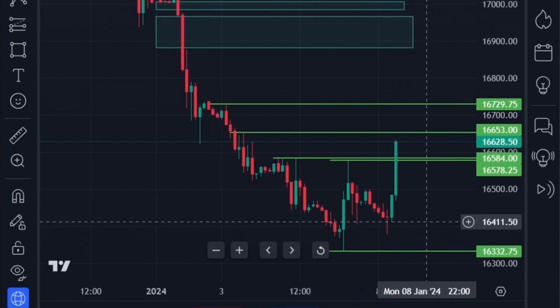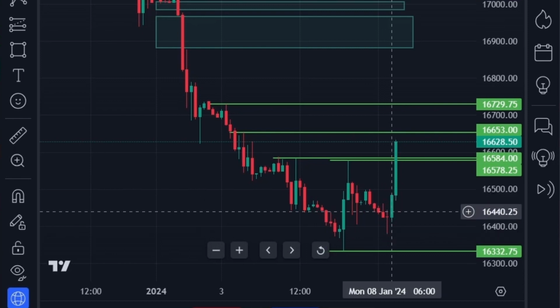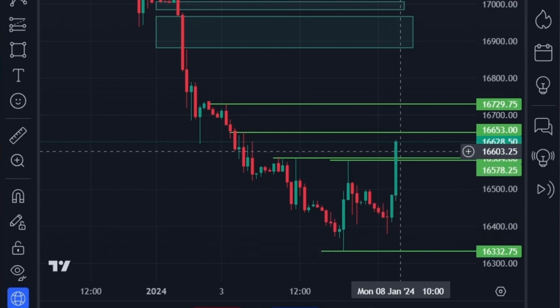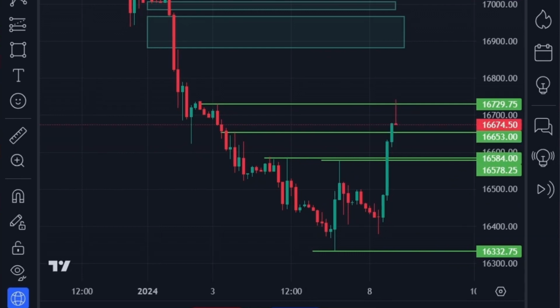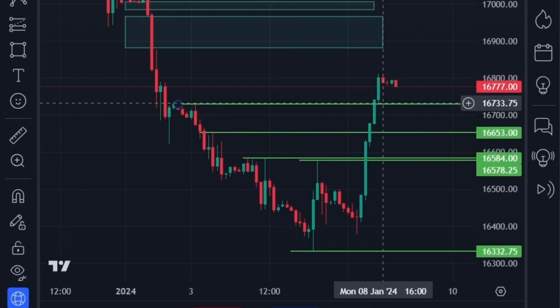As you can see, there is some resistance right here before the price starts reversing. There is some resistance here, and the market reversed to take out the highs. Every single one of these levels hit, there is resistance.